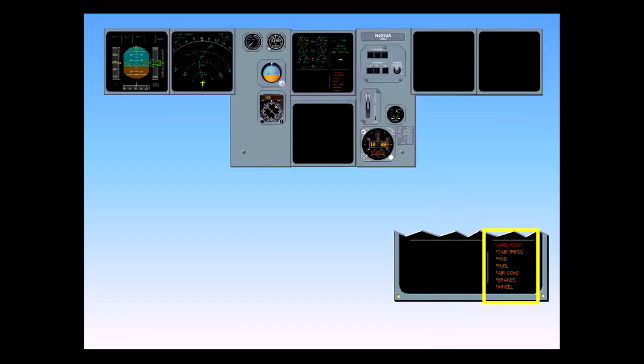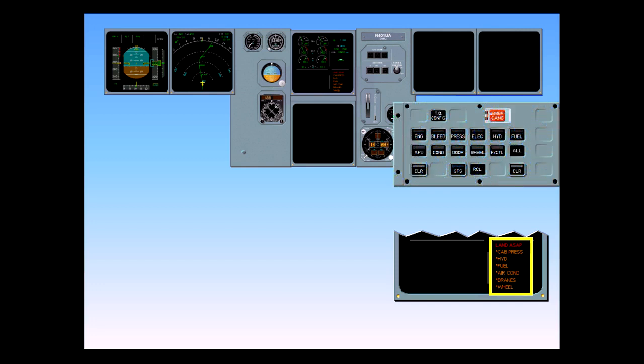The list of secondary failures is visible. Since the lower ECAM is not available, you must manually call the ECAM pages associated with the secondary failures on the EWD. Press and hold the related key on the ECAM control panel, ECP, in the same way that you previously called the ECAM electric page.